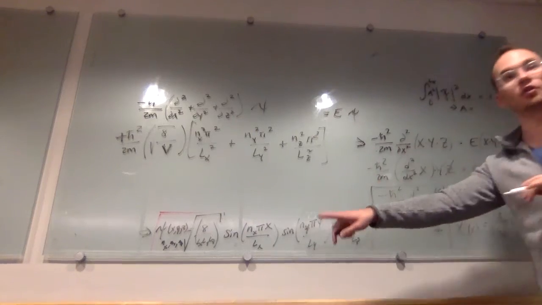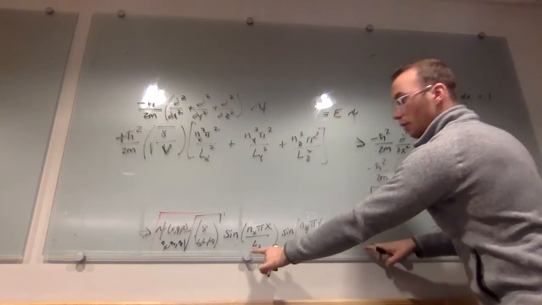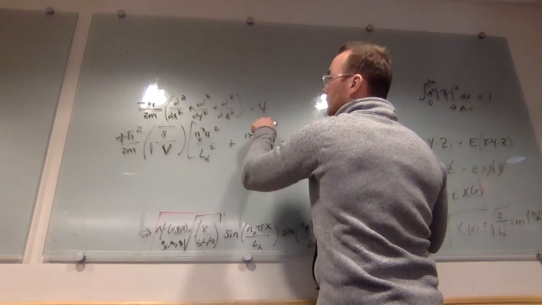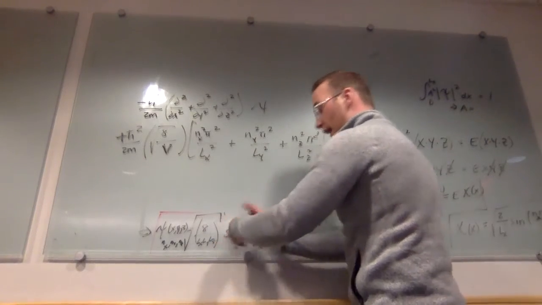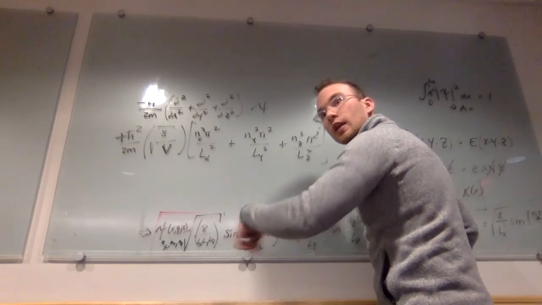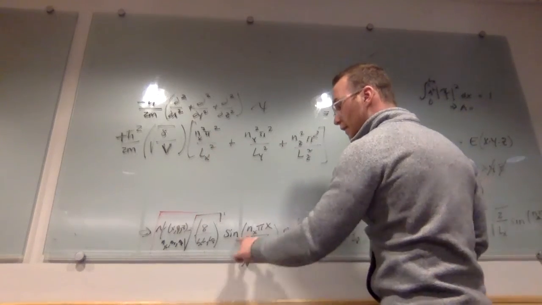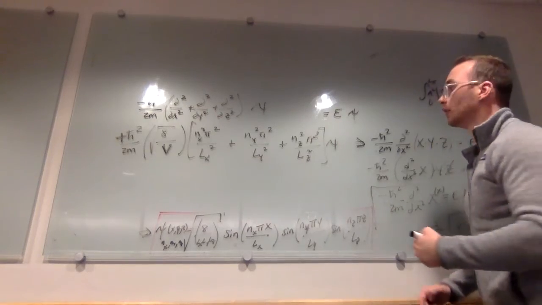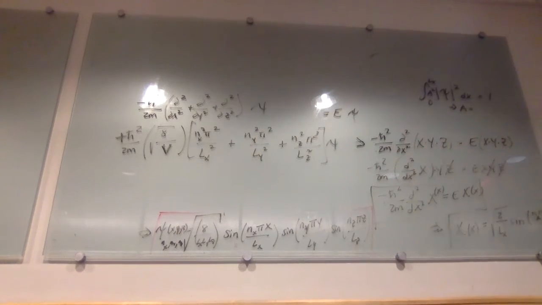Each term, when I took d squared dx squared times psi, gave the second derivative of this, times the whole thing. You get a minus sign because I take two derivatives of the sine, which is where I've made that plus. So I should really multiply by psi again. You'll see that I haven't really rehearsed this.